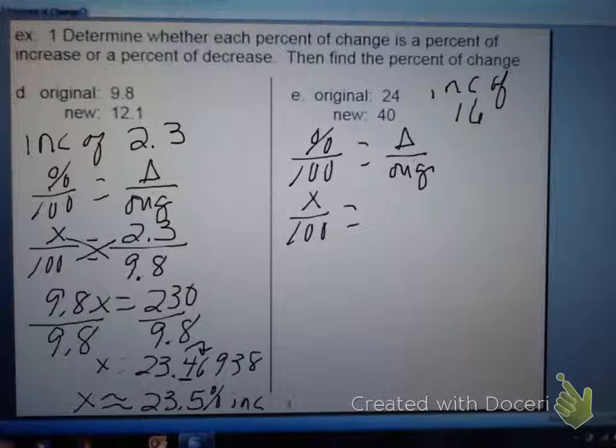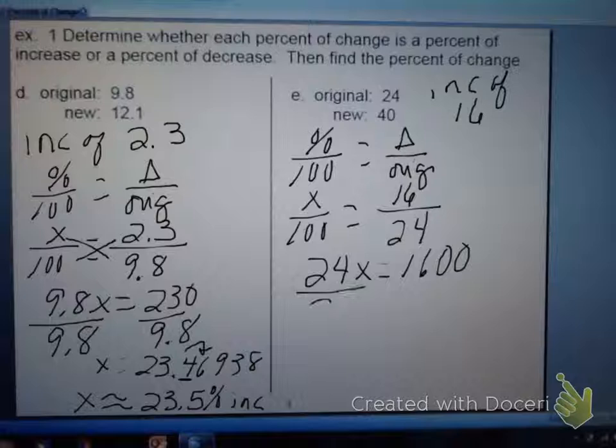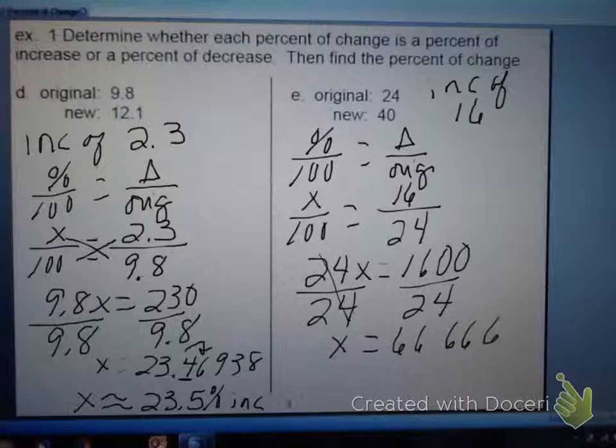The amount of change is 16 over the original, 24. Cross multiply, that's 24x is equal to 1600. Divide by 24. And the calculator says 66.666. It keeps on going.